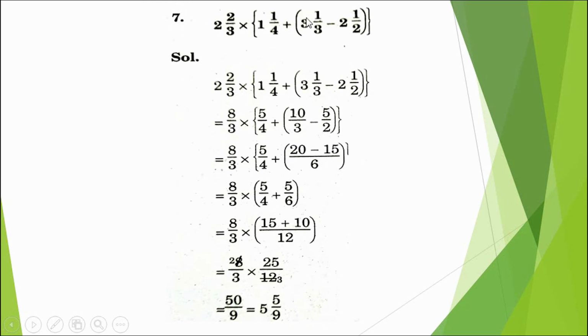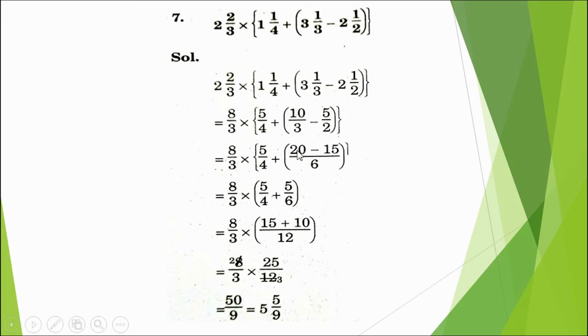Now question number 7. 2 and 2 over 3 multiply curly brackets 1 and 1 over 4 plus round bracket 3 and 1 over 3 minus 2 and 1 over 2 round bracket and curly brackets. Now 3 2s are 6, add 2, 8 over 3 multiply curly brackets 4 1s are 4, add 1, 5 over 4 plus 3 3s are 9, add 1, 10 over 3 minus 2 2s are 4, add 1, 5 over 2.